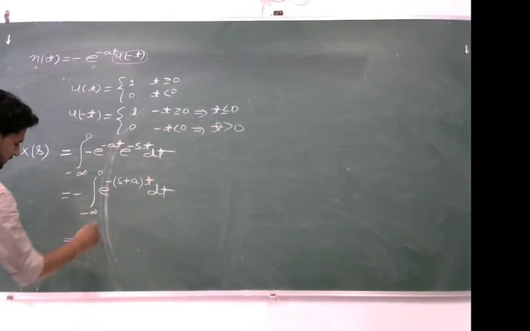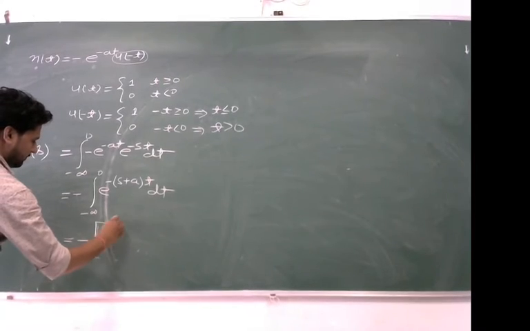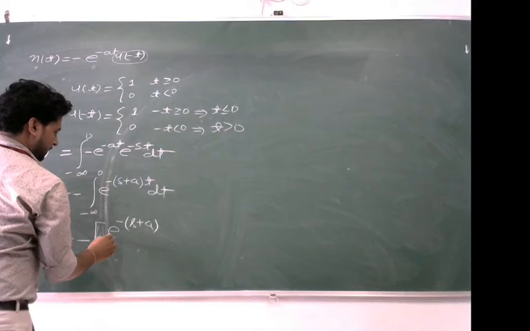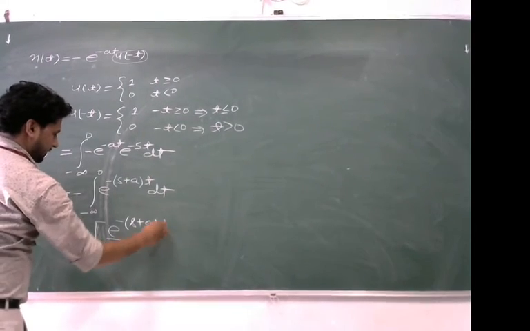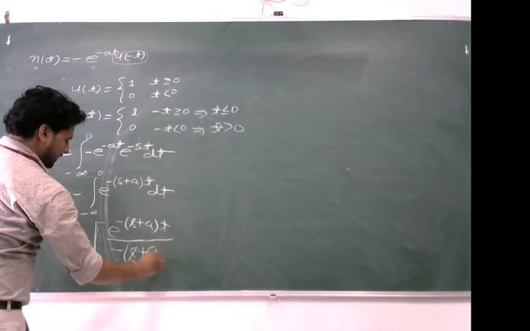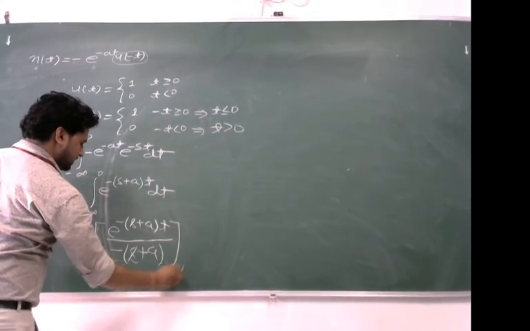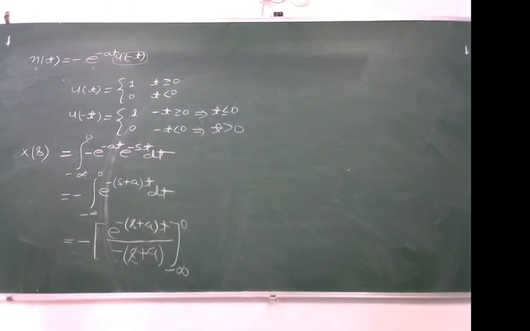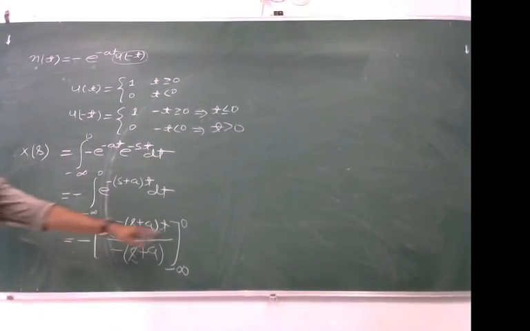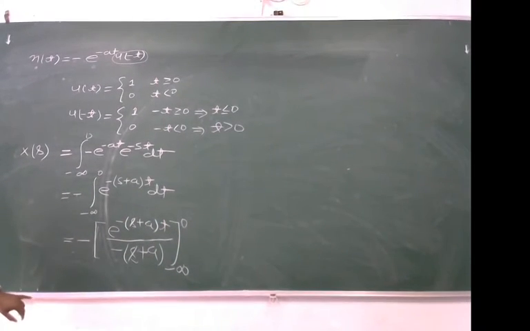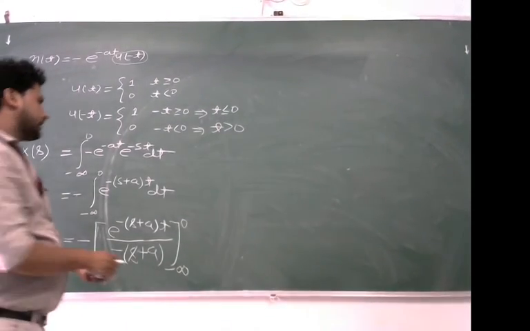Its integration will be minus of e power minus (s plus a) t upon minus of (s plus a), with limits from minus infinity to 0. Now when I put the upper limit, means t equal to 0, this will become minus 1 upon s plus a.